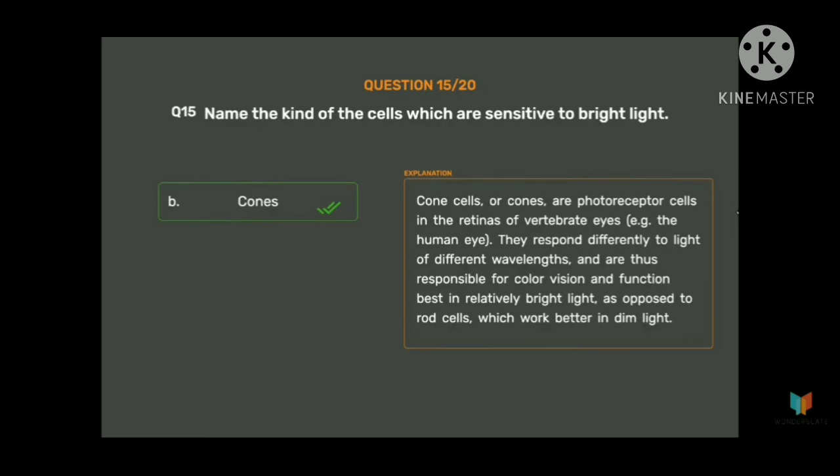Cone cells, or cones, are photoreceptor cells in the retinas of vertebrate eyes, for example, the human eye. They respond differently to light of different wavelengths, and are thus responsible for color vision and function best in relatively bright light, as opposed to rod cells, which work better in dim light.